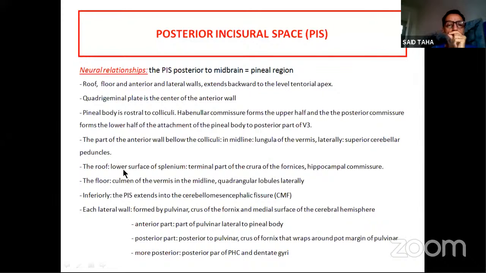The roof is represented by the lower surface of the splenium, and contains the terminal part of the crura of the fornices and the hippocampal commissure.